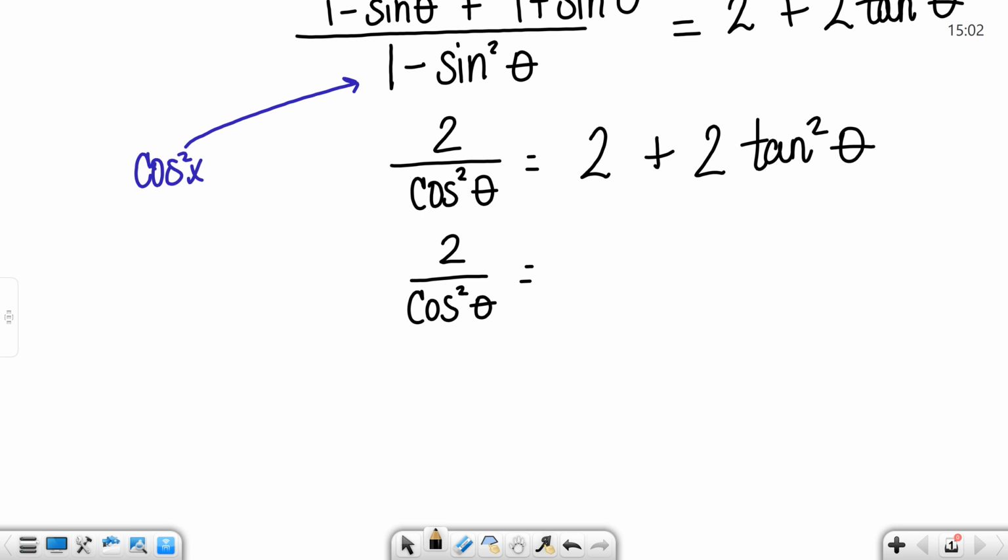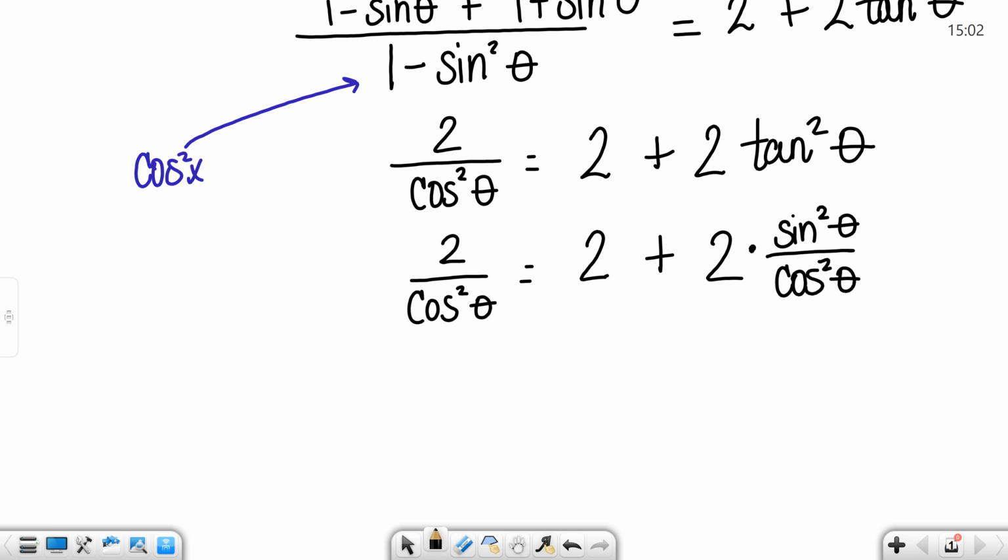Well, the first thing I notice I can do is change tangent. I can change that tangent squared to sine squared over cosine squared. Tangent is sine over cosine, so tangent squared would be sine squared over cosine squared.